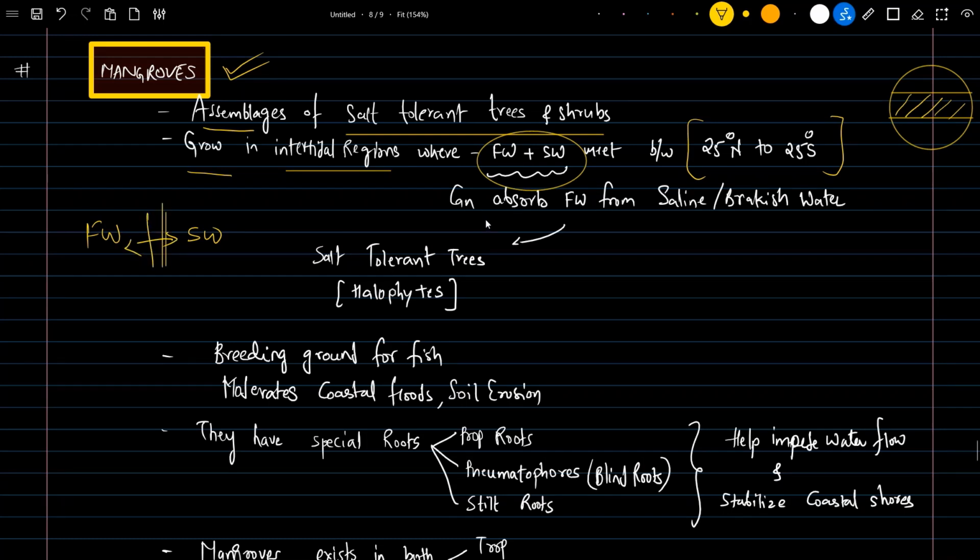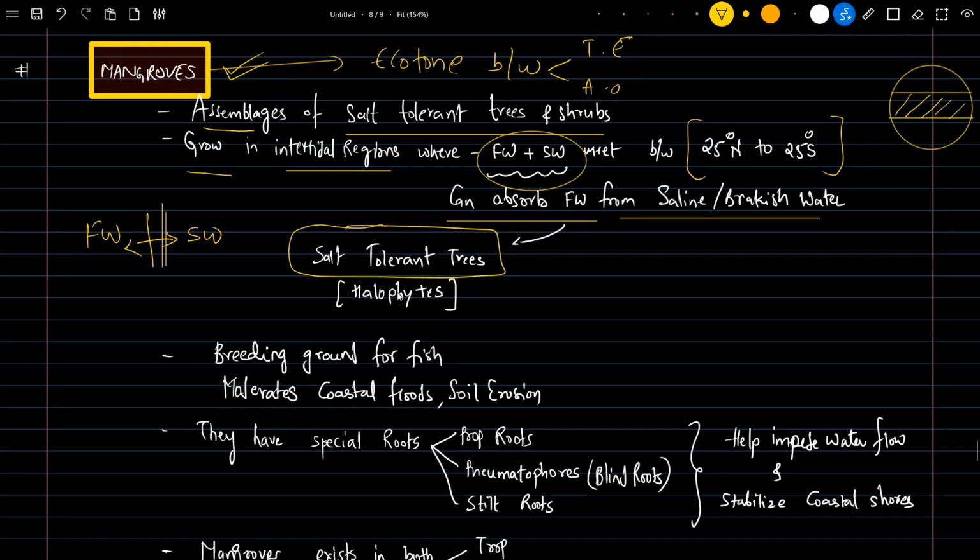Basically, mangroves absorb the fresh water from the saline or brackish water. Simply, they are an ecotone, between the terrestrial ecosystem and the aquatic ecosystem. And these mangroves are salt tolerant trees, hence halophytes. Halo is the word which we always use for anything related to salt or salinity.